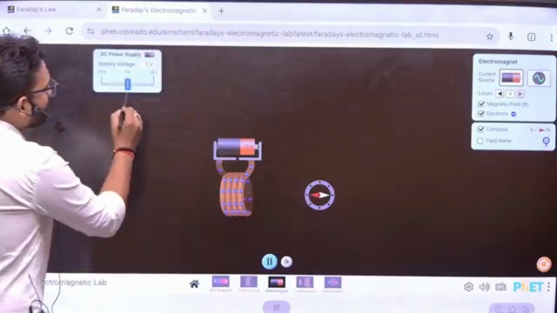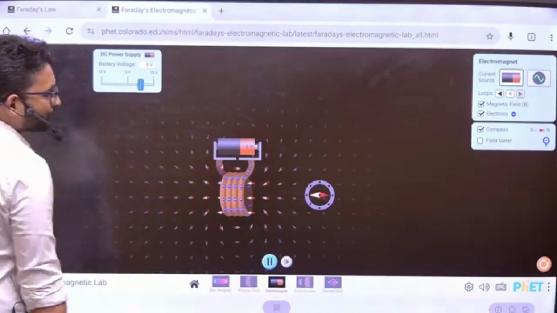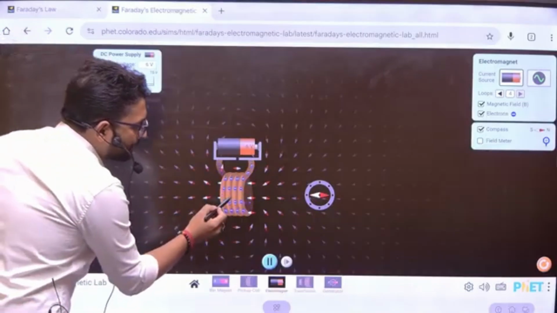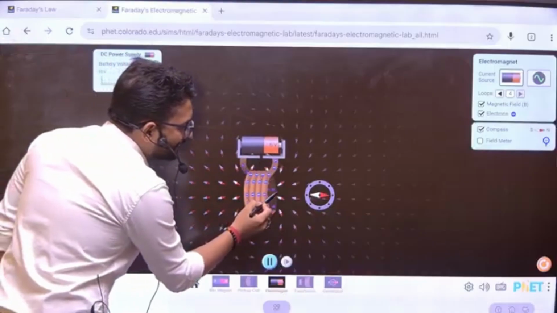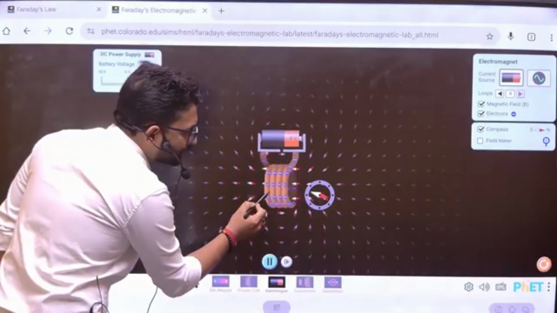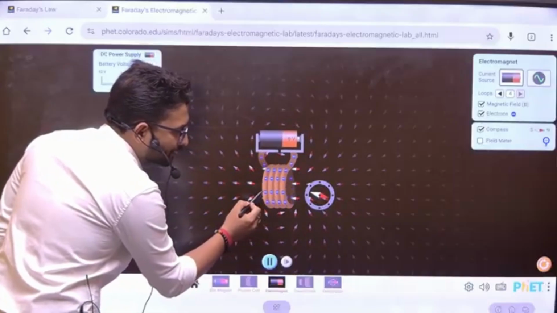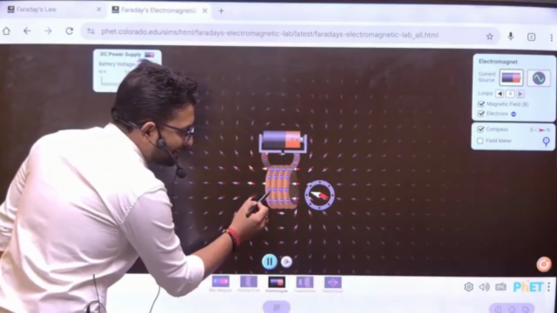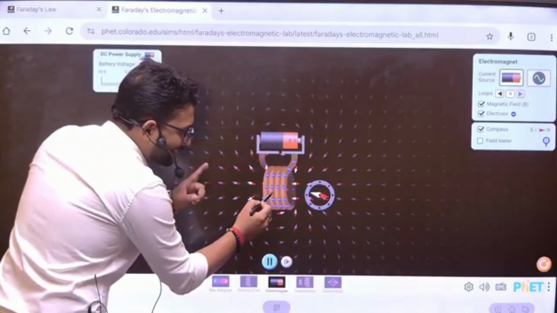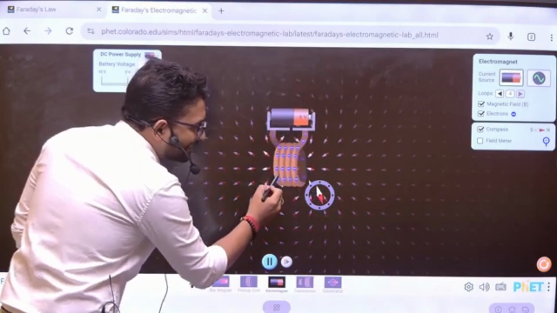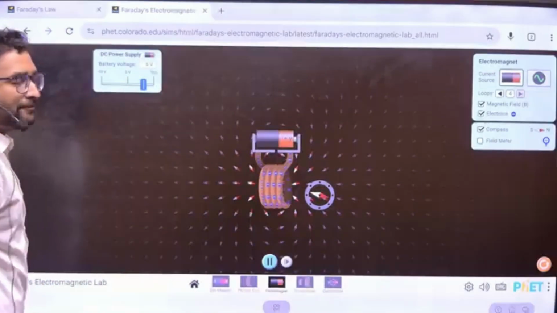But the moment you increase the voltage, what happens? If I place this coil near the magnet, you see the deflection. Can you see the deflection? I hope you are able to see. See this deflection. So whenever this current carrying coil is placed near the magnetic needle, it is showing deflection.